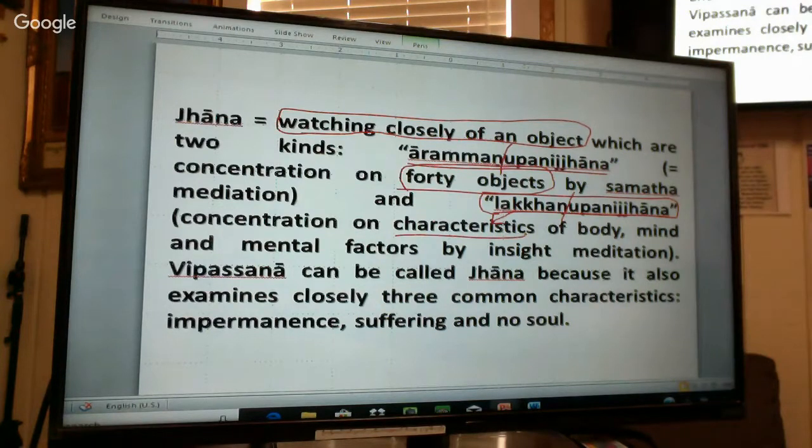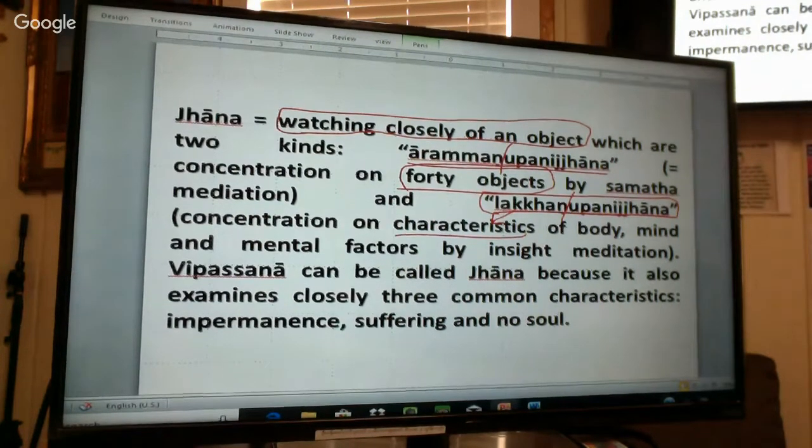Common characteristic means impermanent nature. All natural things are impermanent. They have suffering or unsatisfactoriness, and they have no soul. So these three characteristics are the common characteristics.